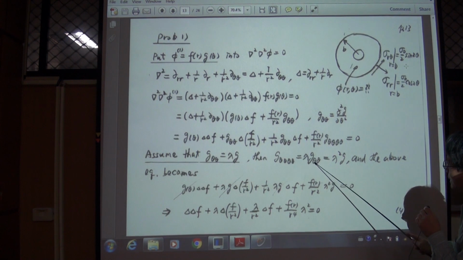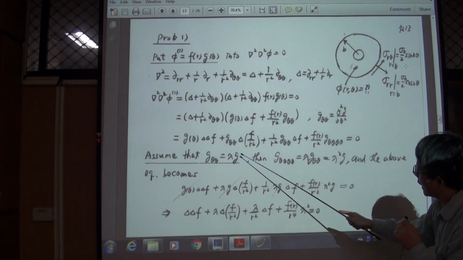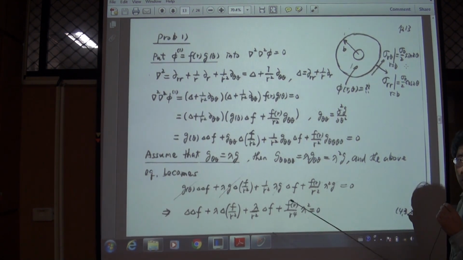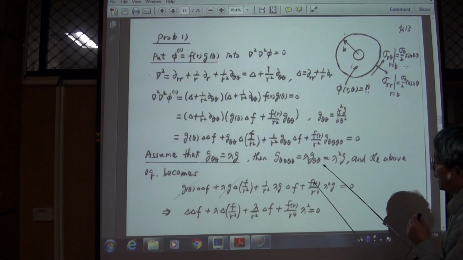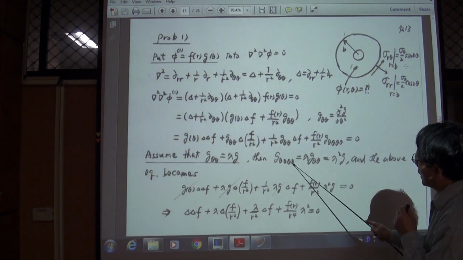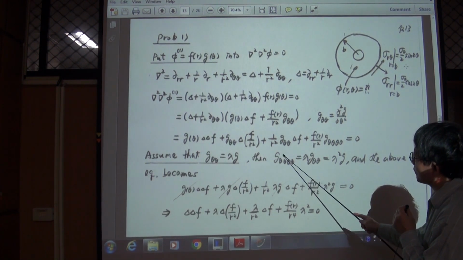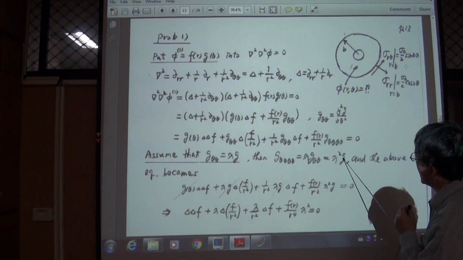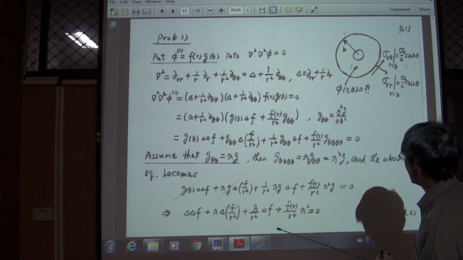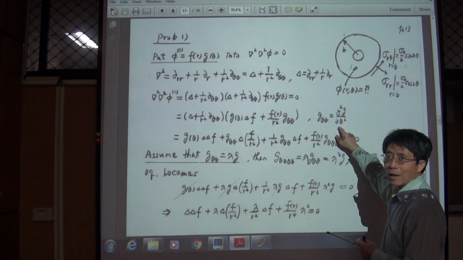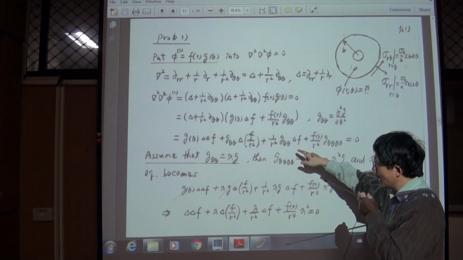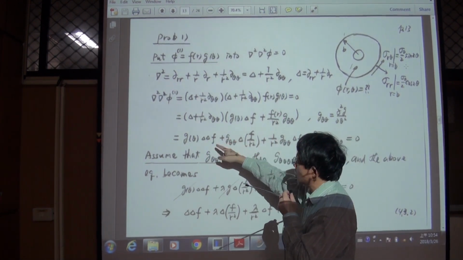Now G theta theta equals lambda G, so we have further simplification. The fourth order derivative of function G is related to G. So this can be replaced by lambda squared G. And this is lambda G, this is G.